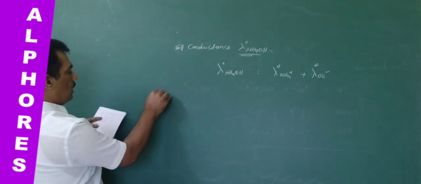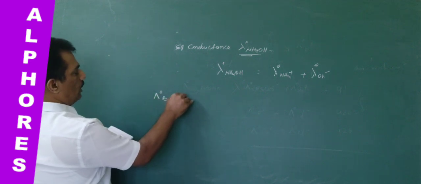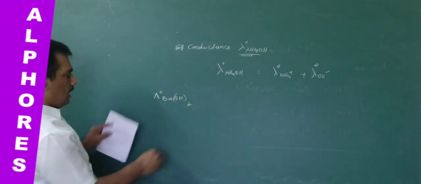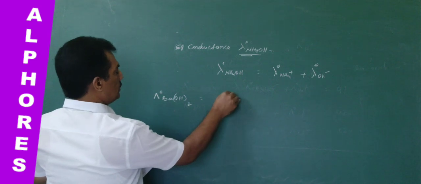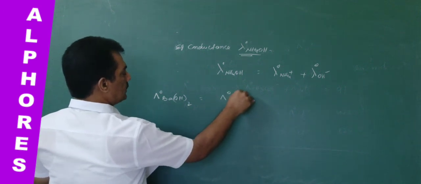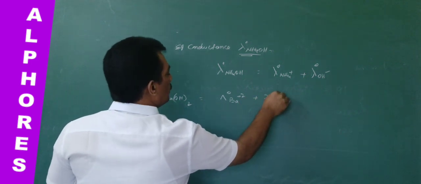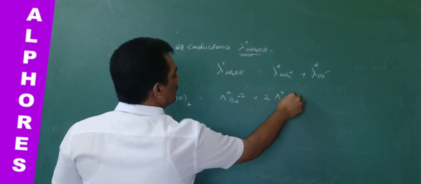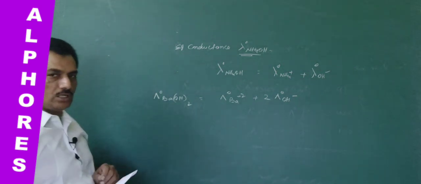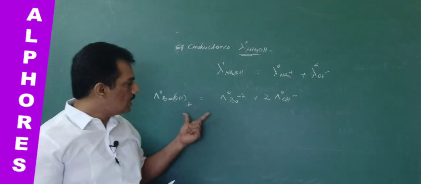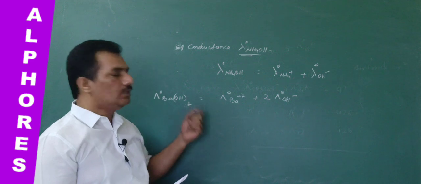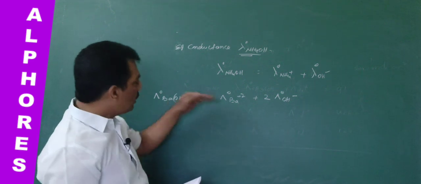It is given the molar conductance of Ba(OH)2, where we are assuming this is Ba plus 2, and it is nothing but lambda naught Ba plus 2 plus 2 into lambda naught OH minus, because as per Kohlrausch law the conductance of any electrolyte is nothing but the sum of the conductances of all the ions.